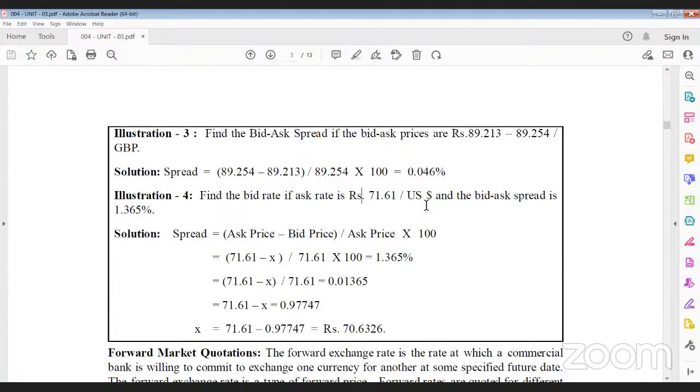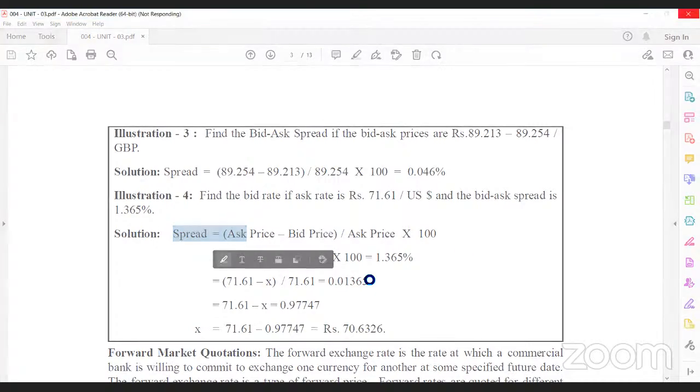Here the bid ask spread of the bank is given. Now here you have to find out the bid price. So again, take the same formula, whatever values we know from the question, just substitute those and try to find out the remaining.